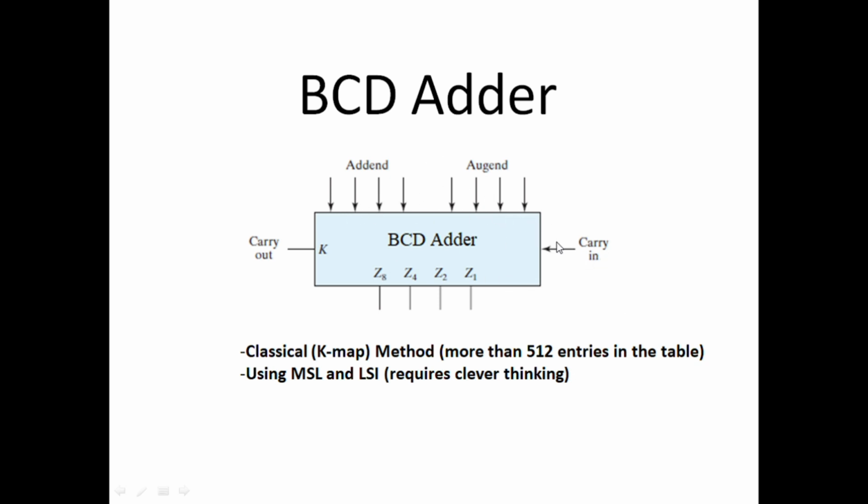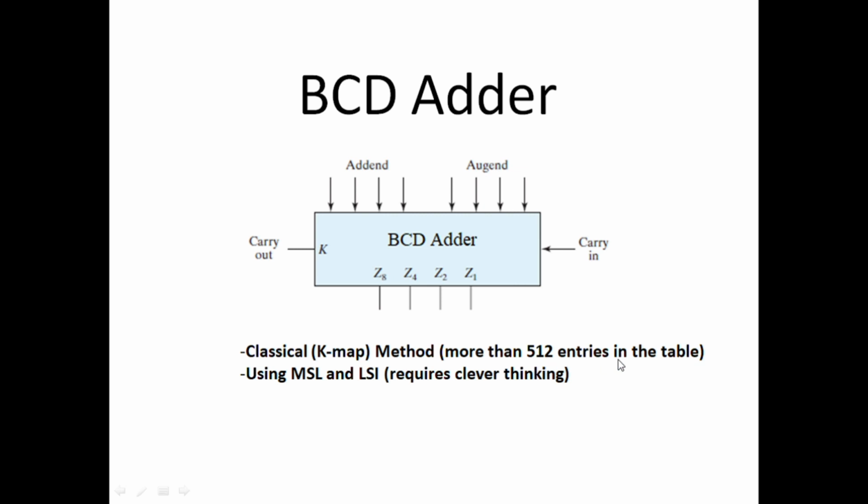As we can see in the BCD adder, there are 9 inputs, so we would require 9 variables, and we would need a 9-variable K-map to simplify the Boolean functions. The truth table would require 2 raised to the power 9 entries, which becomes 512 entries.